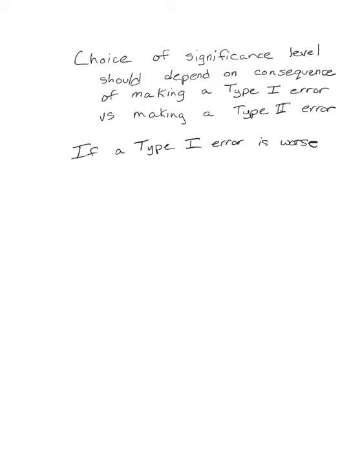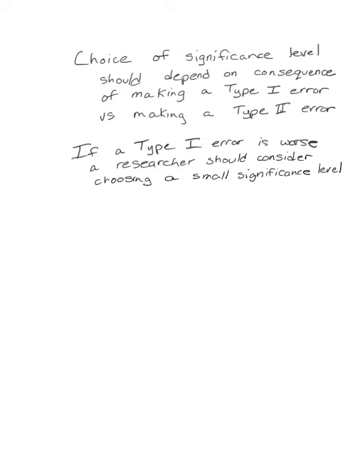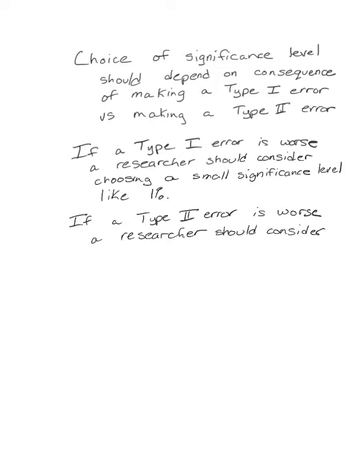So the choice of a significance level should depend on the consequence of making a type 1 error versus making a type 2 error. If a type 1 error is worse, a researcher should consider choosing a small significance level, like 1%. If a type 2 error is worse, a researcher should consider choosing a large significance level, like 10%.